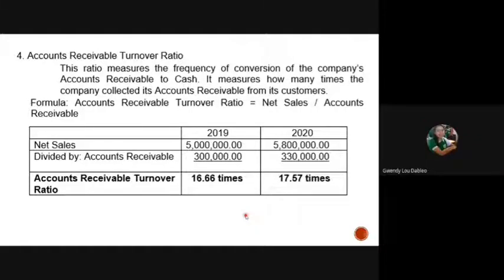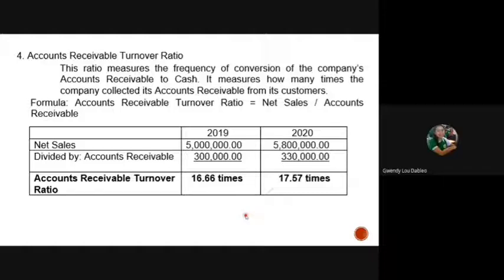Now, using again the data of ABM company, we'd be able to compute the company's accounts receivable turnover ratio for the 2 years. So, we've seen, no, that the company has a higher ratio in the year 2020. So this can be attributed to a better performance from its collection department.